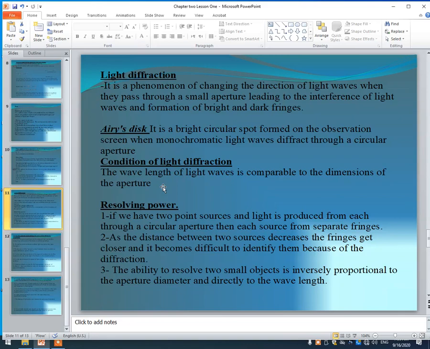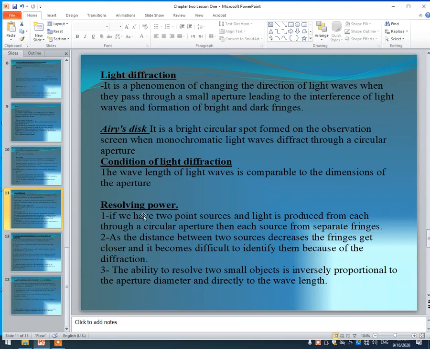If this diameter is much wider than the wavelength or much narrower than the wavelength, it will be a big problem. Why? Because it will not let the light diffract. So we can't see the bright fringes or the dark fringes on the observation screen of every experiment. This is the condition of light diffraction.